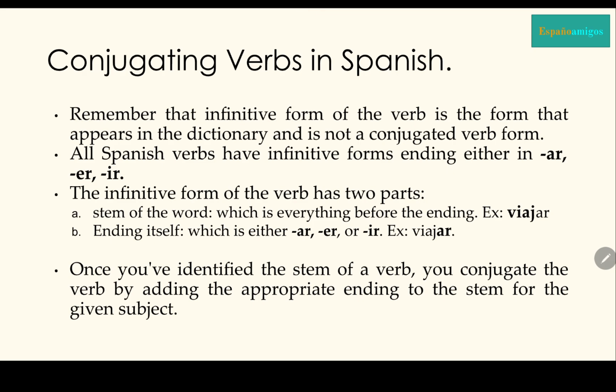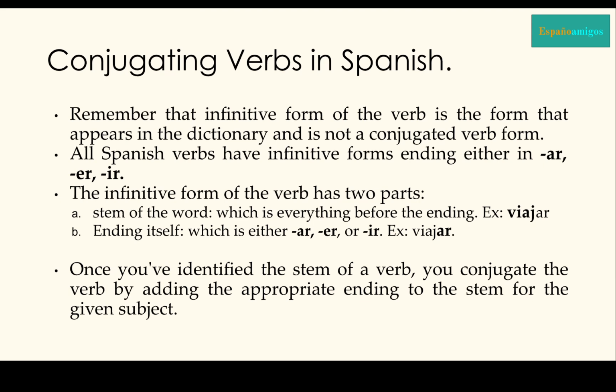Well, this is the first topic. It says conjugating verbs in Spanish. Remember that the infinitive form of the verb is the form that appears in a dictionary and is not a conjugated verb form. All Spanish verbs have infinitive forms ending either in ar, er, or ir. The infinitive form of the verb has two parts.